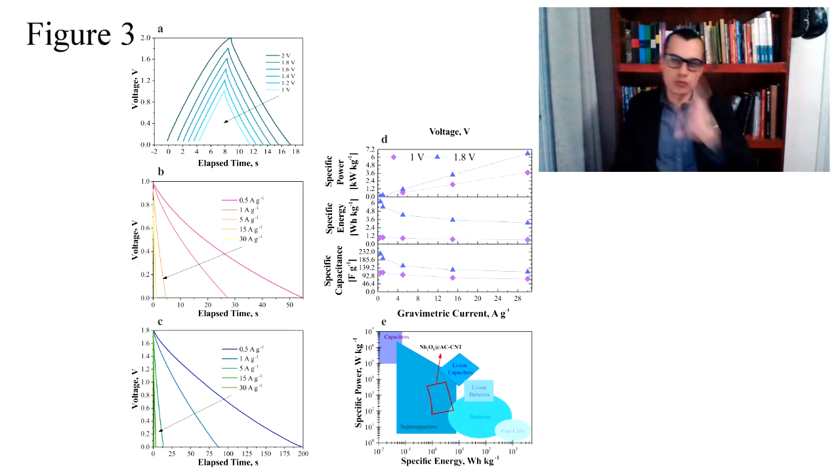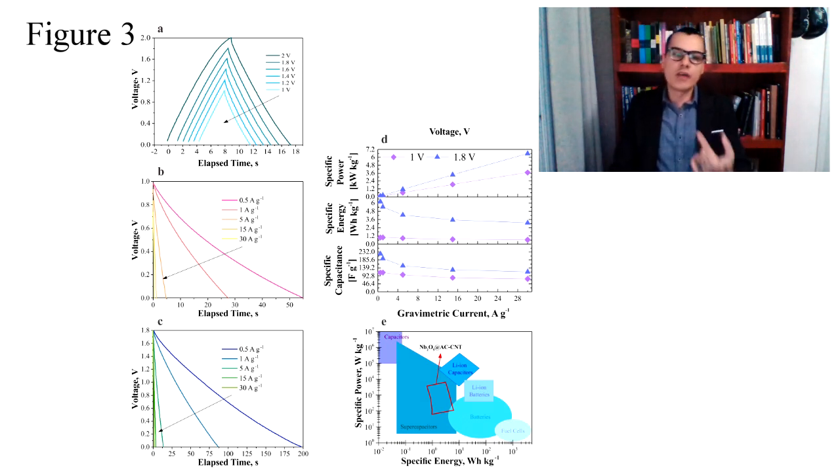112.45 farads per gram for 1 volt and 220.4 farads per gram for 1.8 volts. It's a very good result. For energy and power, 2 electrodes were considered.